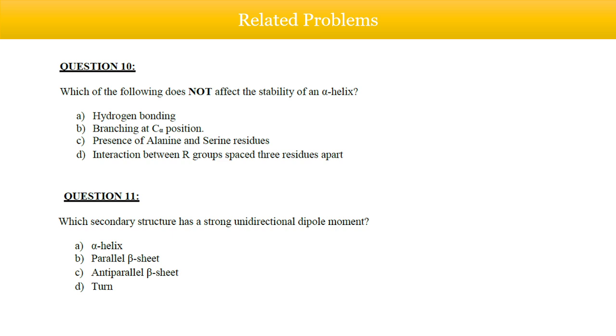Yes, that is correct. Branching at the C alpha position can lead to steric hindrance, and that plays an important role in affecting the stability.